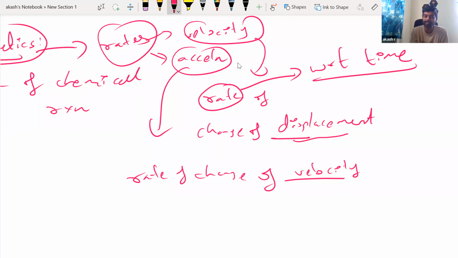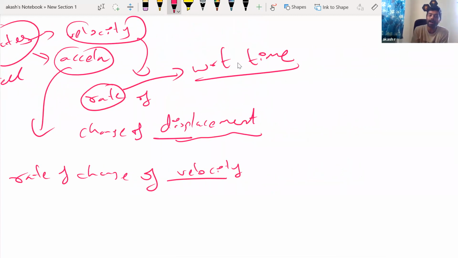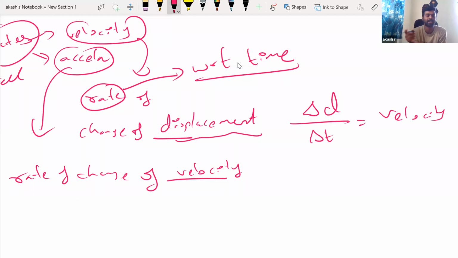So when I say rate of change of displacement, what is the change in displacement in a particular time period? That is your velocity. And as you said, it can be dx by dt, or del x divided by del t. That is basically nothing but change in displacement by change in time.